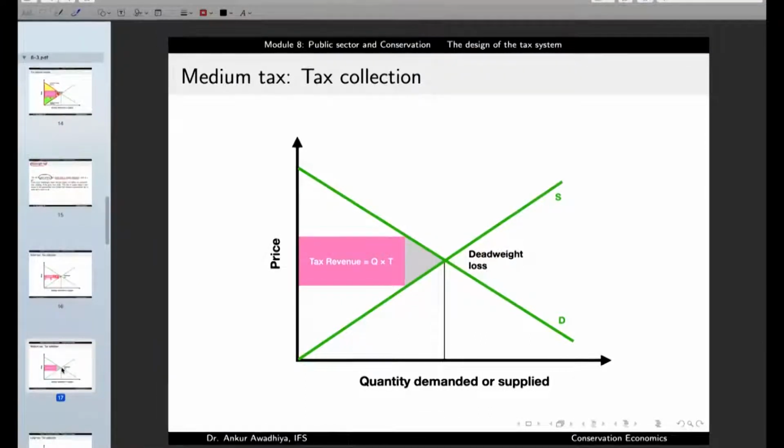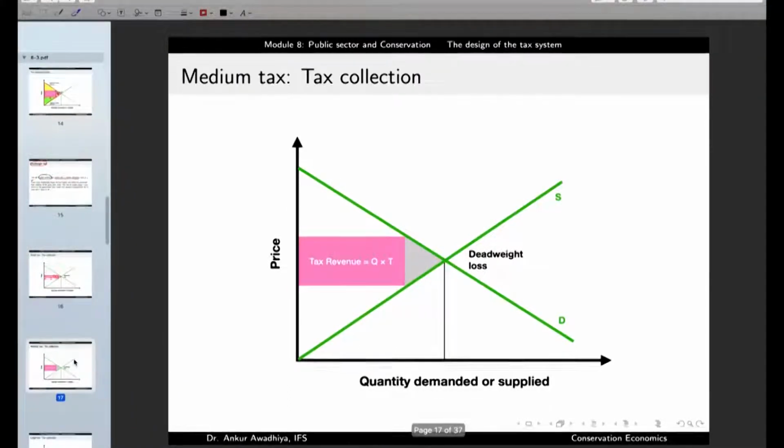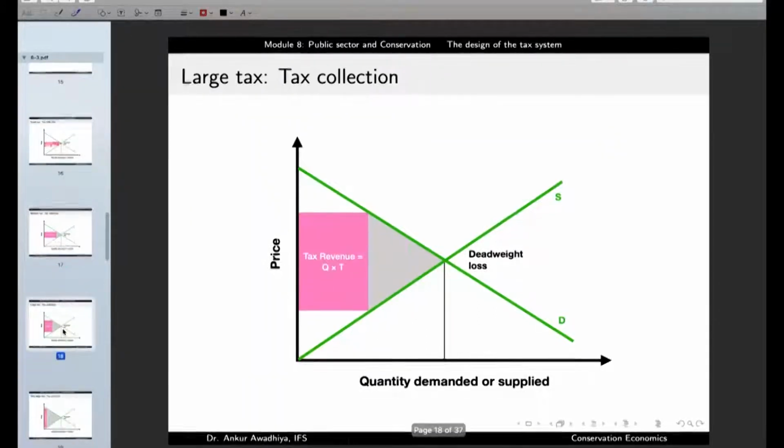to a medium level value, then we can observe that the tax revenue, here the tax revenue was very small, now the tax revenue has increased. And when the T increases even further, then probably you can have an even larger amount of tax collection.